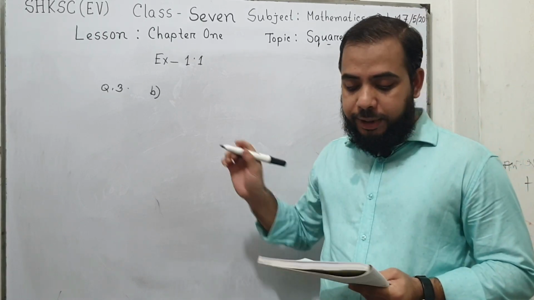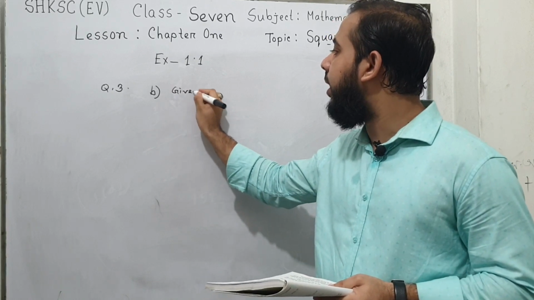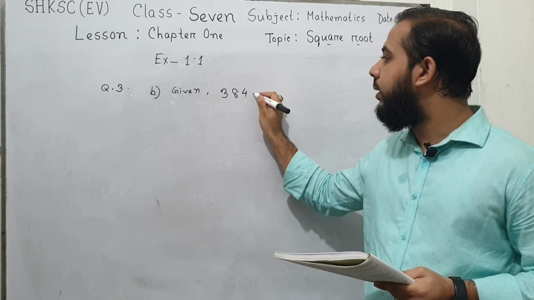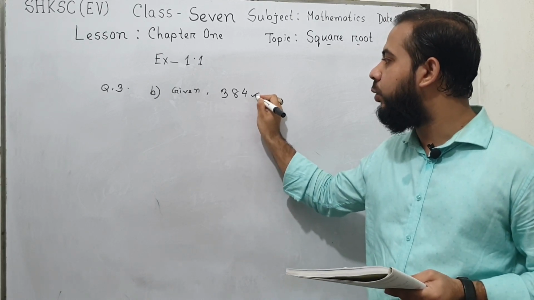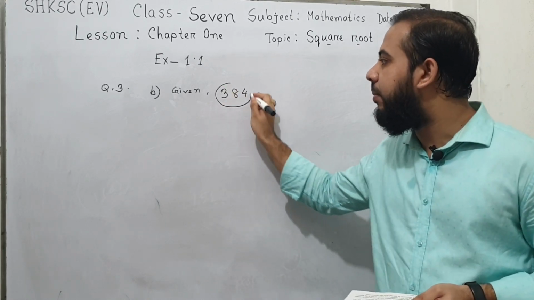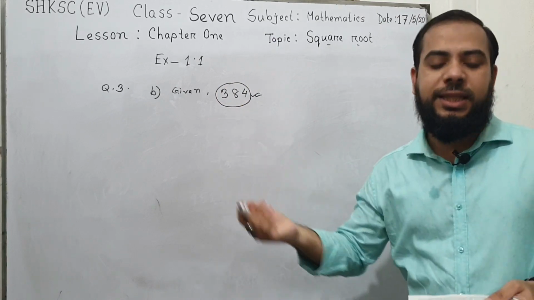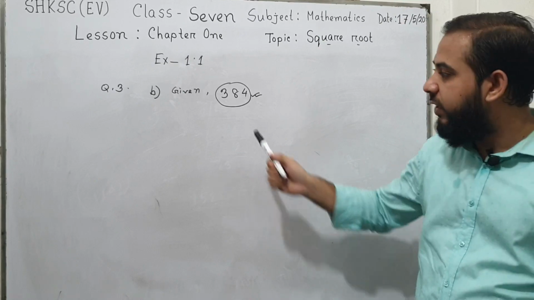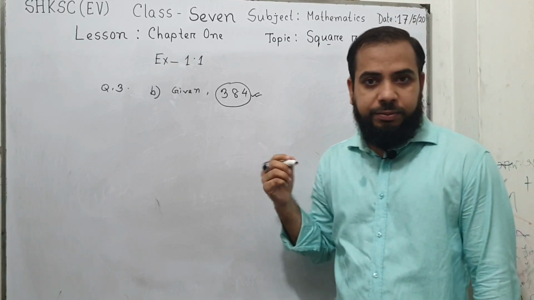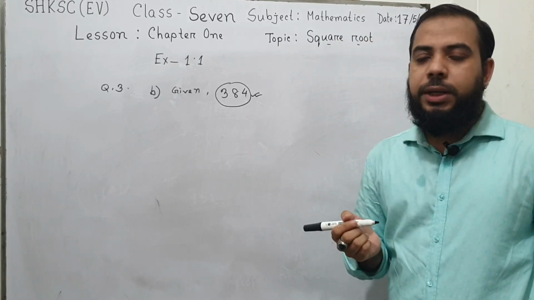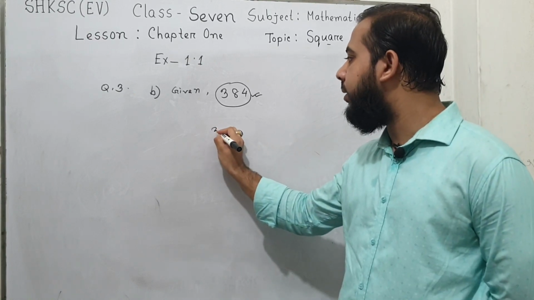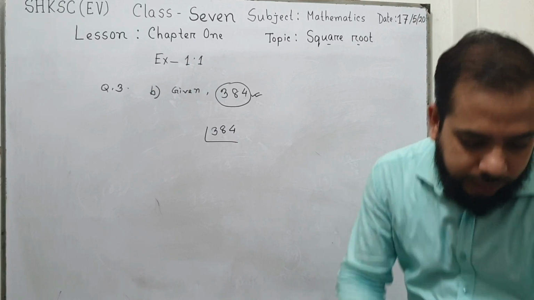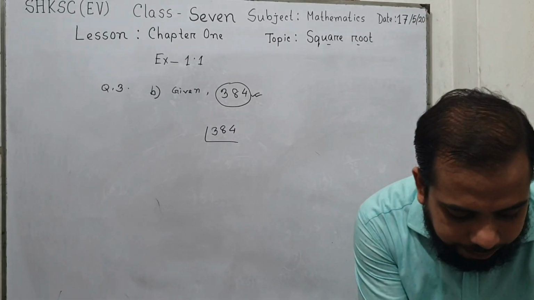The given number is 384, and we need to find what minimum number should be multiplied by this number so that it becomes a perfect square. Obviously this number is not a perfect square number. This is an even number, so we divide it by 2.